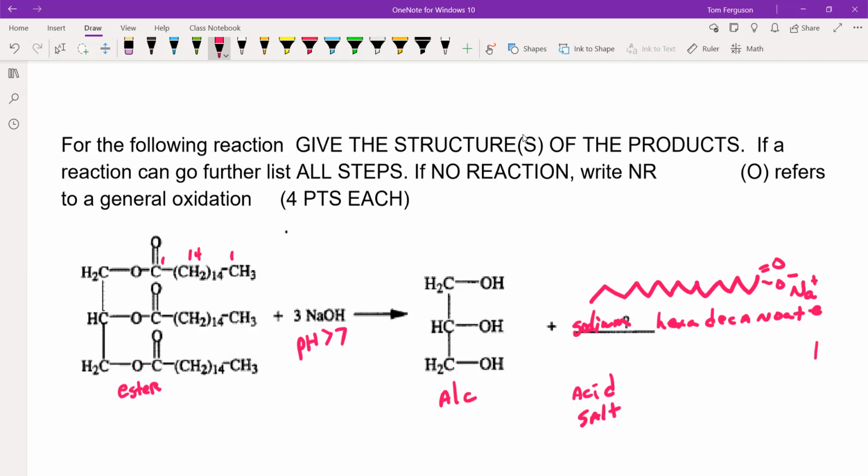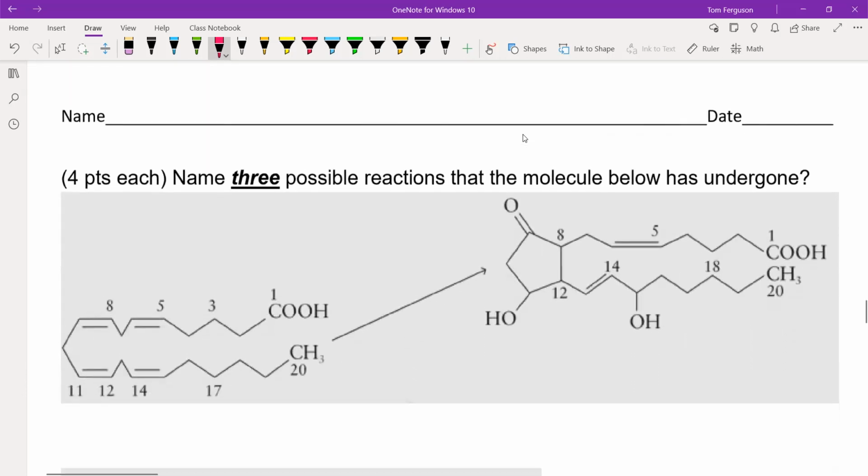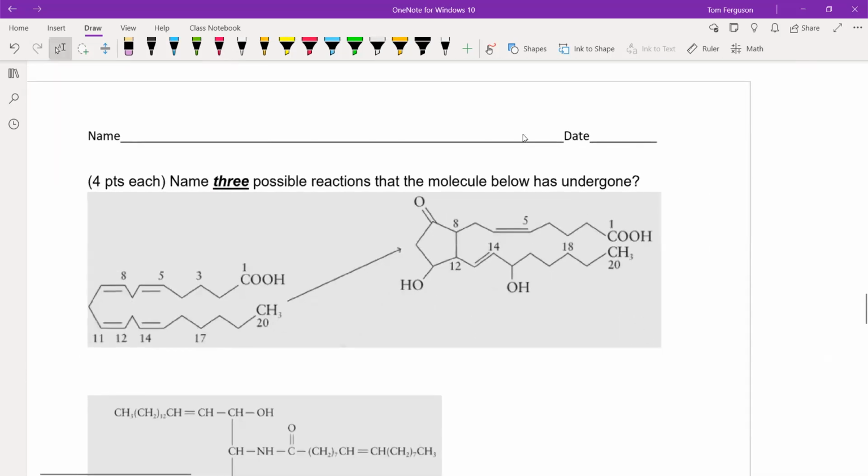And then what? So it says go further, list all steps. So we're going to oxidize this, we're going to get no reaction. Okay.